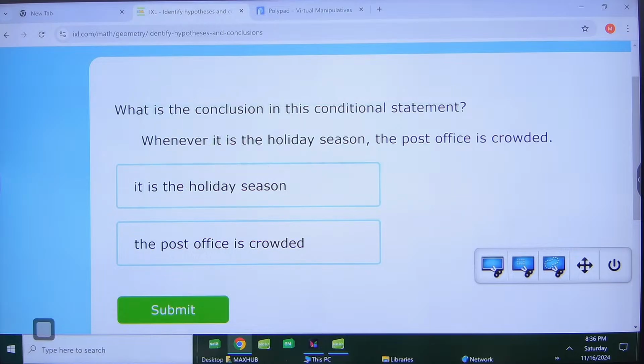What is the conclusion in this conditional statement? Whenever it is holiday season, the post office is crowded. The post office is crowded. Okay, if it is a holiday, then post office is crowded.